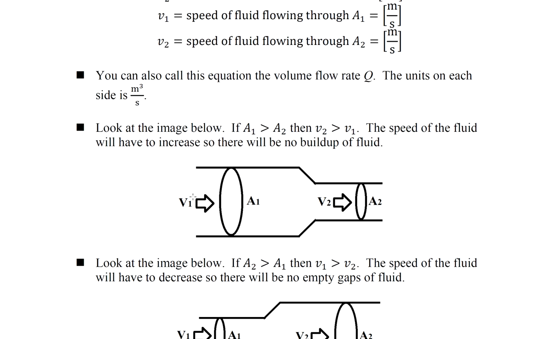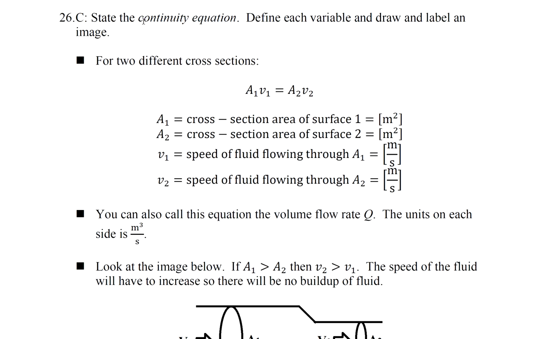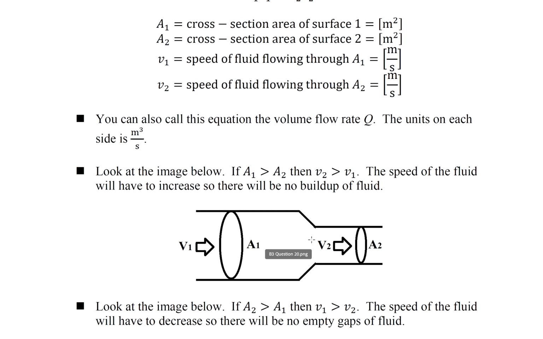So look at this image below. Since A1 is greater than A2, that means V2 is going to be greater than V1. Now, if V2 had the same speed as V1, there would be a buildup of fluid, and the fluid keeps going back. But this is a continuity equation. So if there's going to be no buildup of fluid, once the fluid reaches A2, it's going to have to move faster.